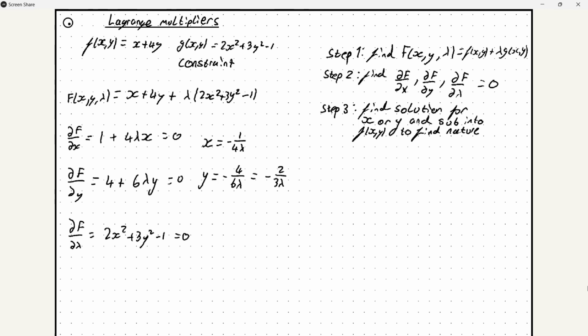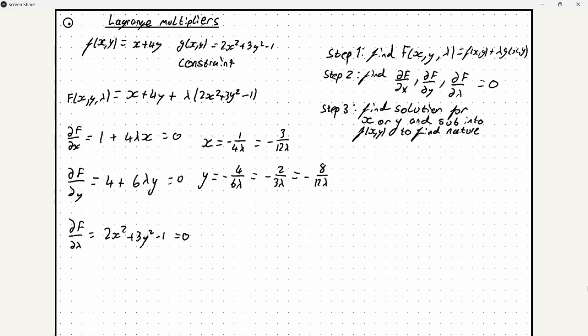Now, what I would do is try to make these denominators the same, so then we can compare them. So this one is going to be the same as minus 3 over 12 lambda, and this one is the same as minus 8 over 12 lambda.